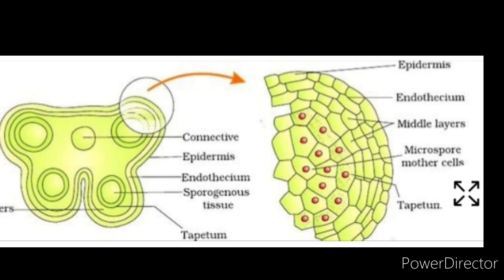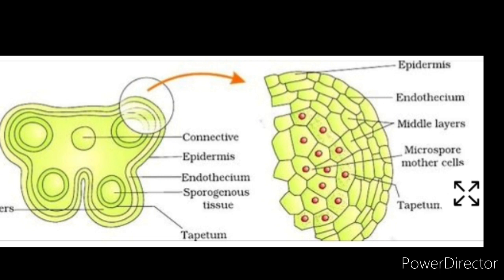The tapetum is the innermost layer of the anther wall, containing cells with rich cytoplasm and nuclei. The tapetum nourishes the developing pollen grains.